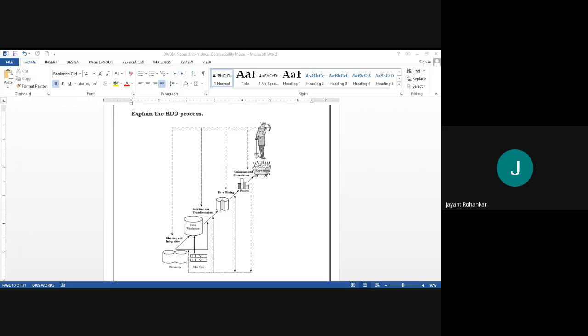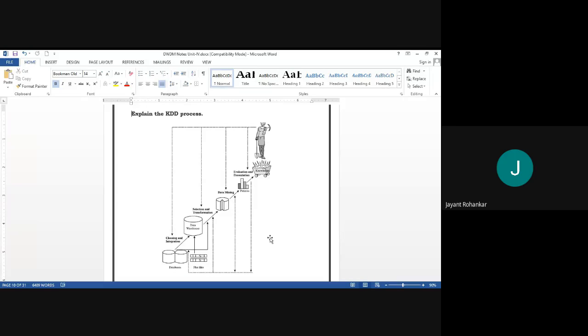In any organization, some situations may occur in which the company has to take decisions that will help it survive and stand in the market. So that decision is very important.